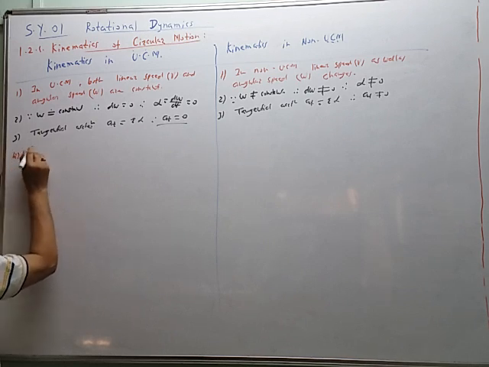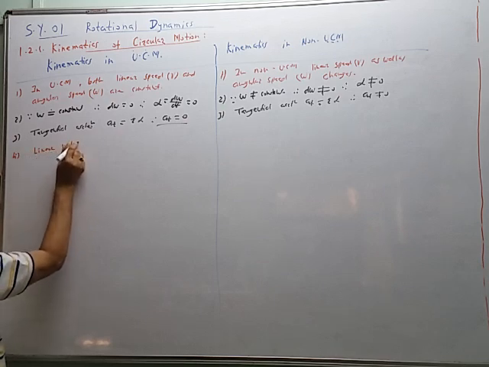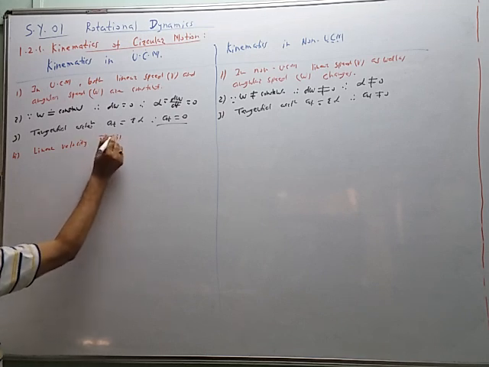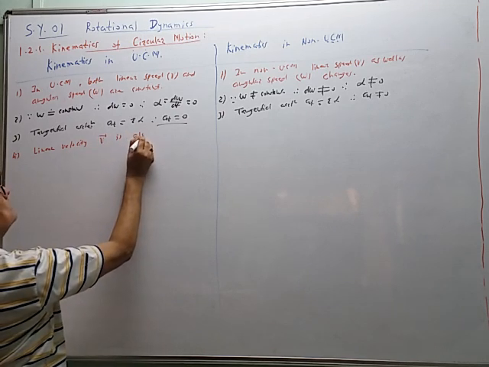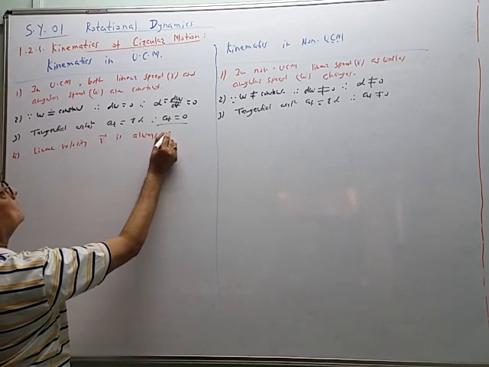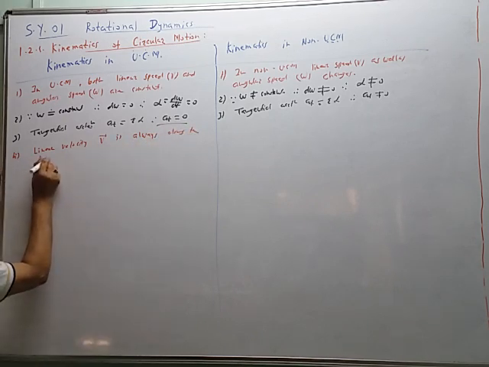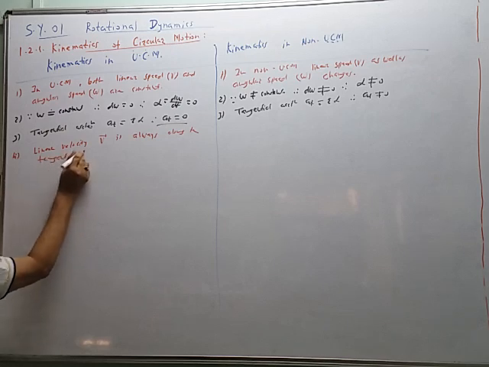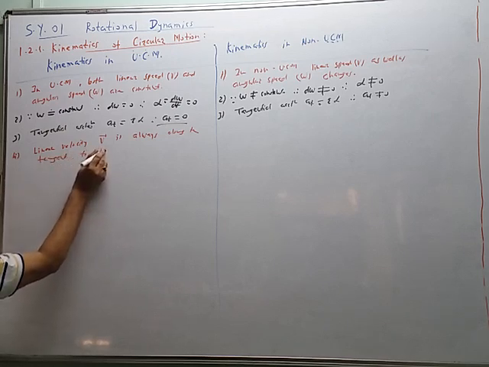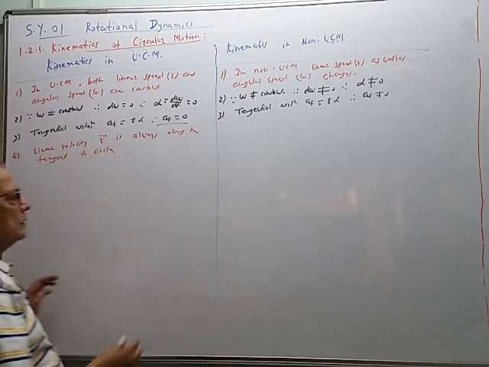Fourth, linear velocity v is always along the tangent to the circle.